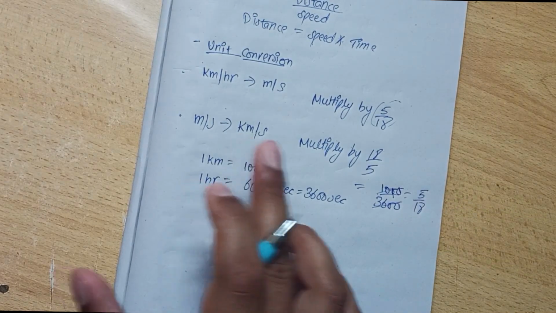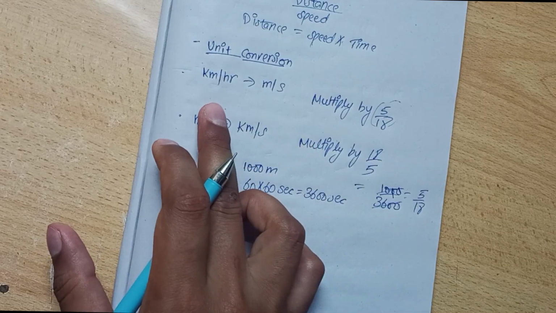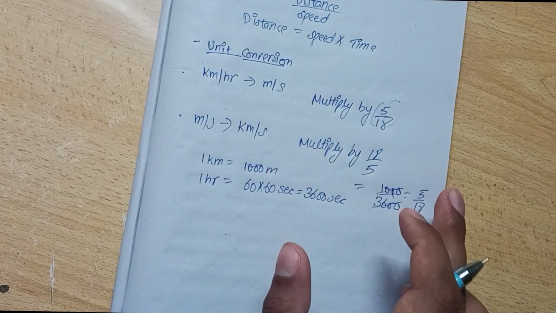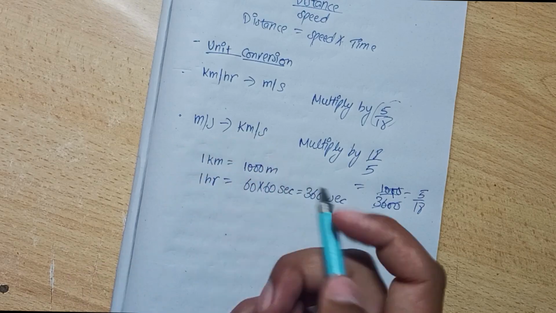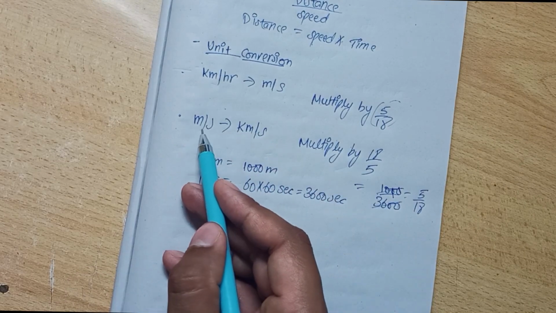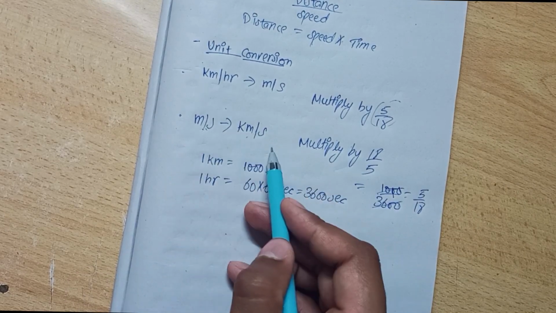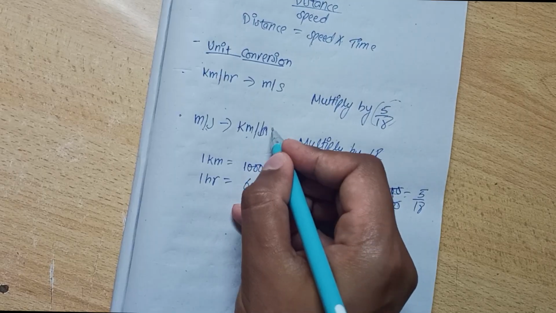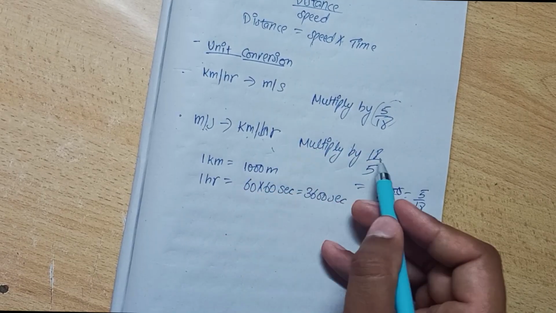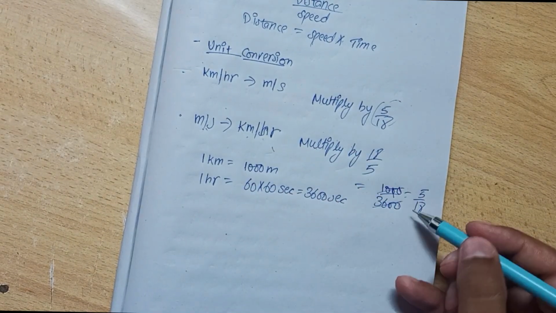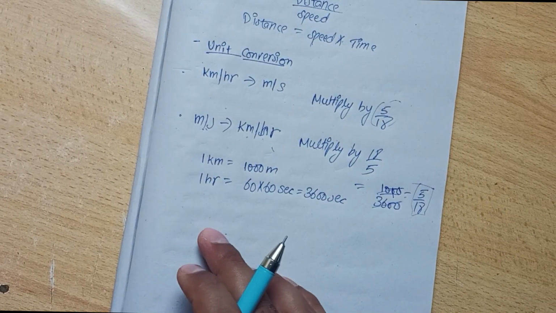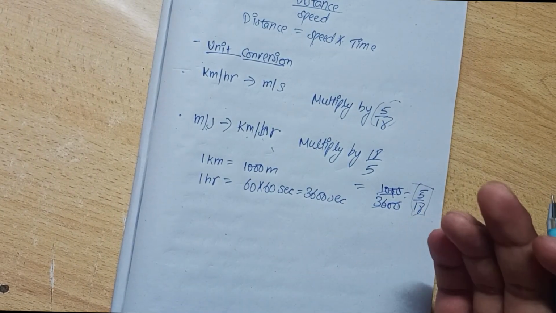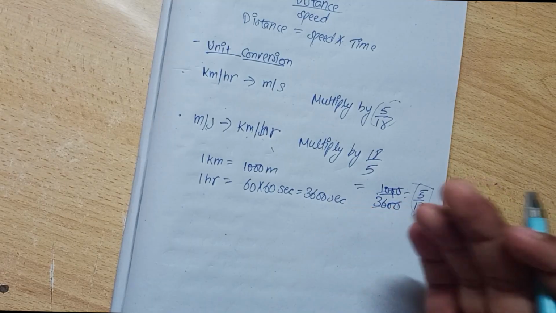So whenever we have to convert from the higher unit to the lower unit, then we need to multiply by 5 by 18. And similarly, if we need to convert from meter per second to kilometer per hour, then we need to multiply by 18 by 5, the reciprocal of the first one. So these are the basic formulas that we need to solve any kind of problem related to speed, distance and time.